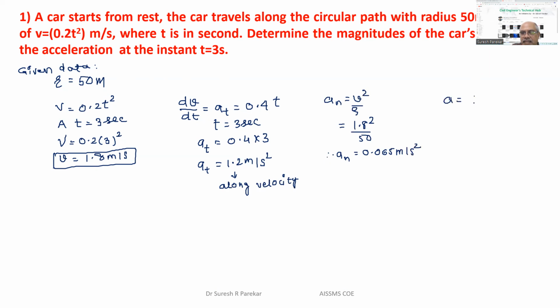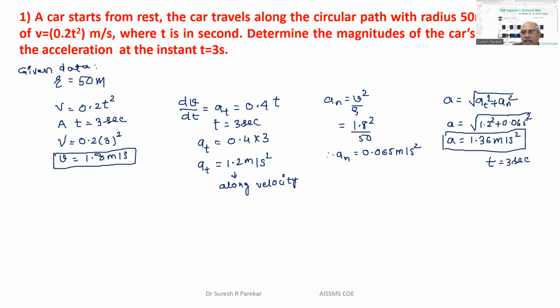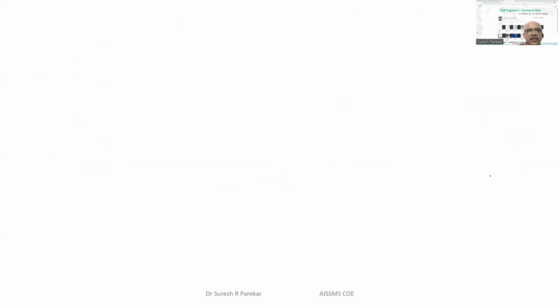And therefore a is root of at square plus an square, so we will get the value of a as root of 1.2 square plus 0.065 square, which is 1.36 meter per second square. So total acceleration at t equal to 3 seconds is 1.36 meter per second square.